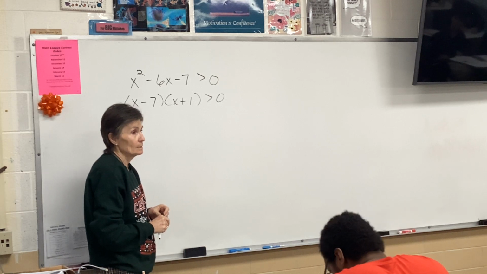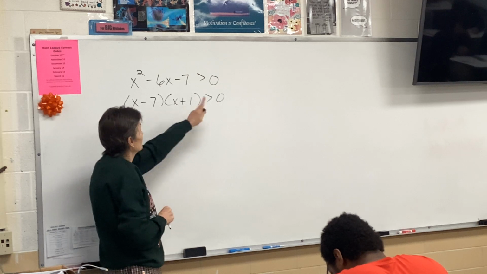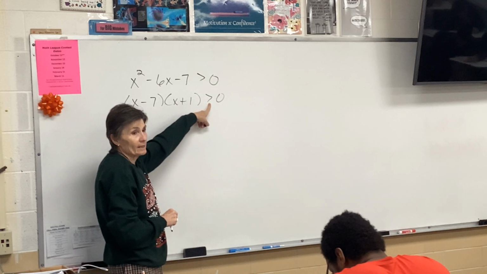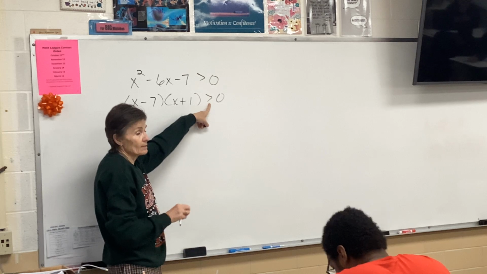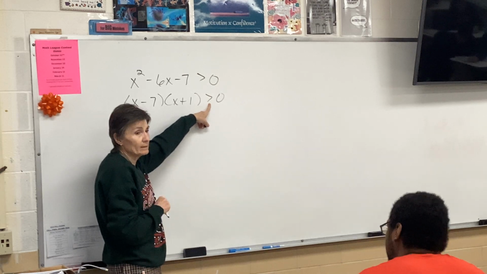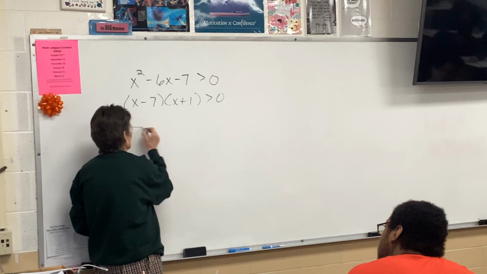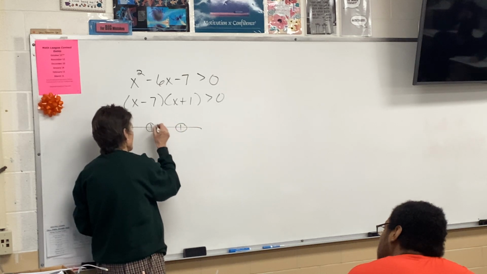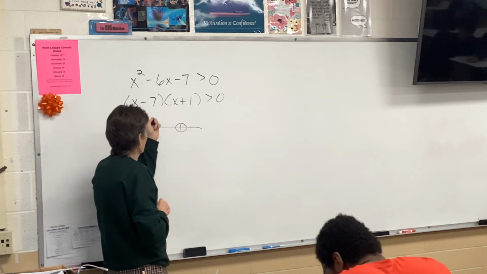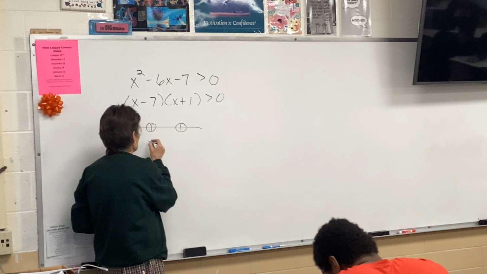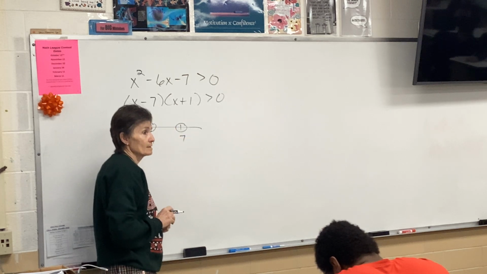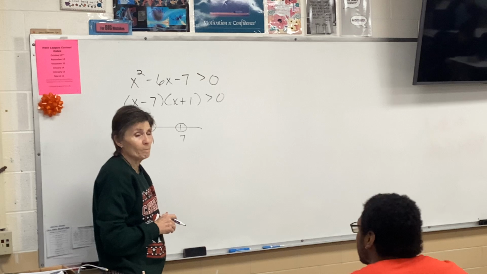Okay? Now, when you see that symbol right there, two things. You gotta have a zero, we got it. Gotta have a number line. On the number line are going to be two dots. Where do you think the dots are gonna be? -1 and 7. They will be open dots.